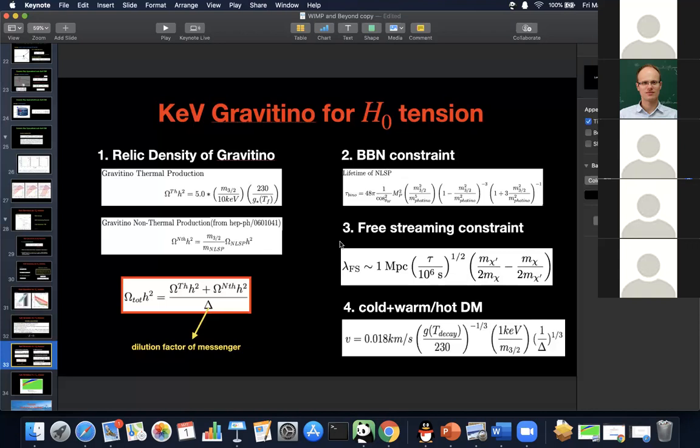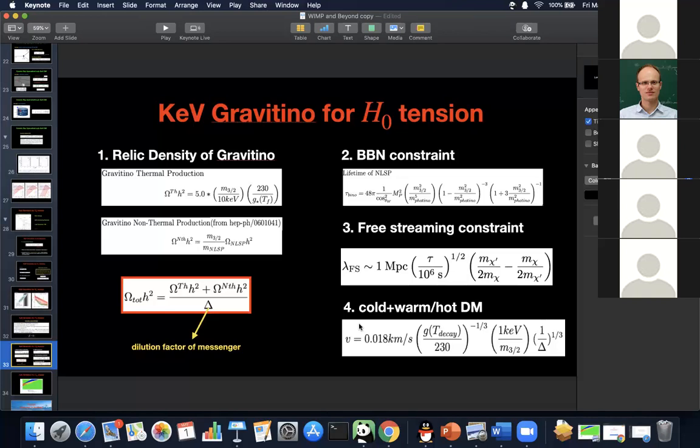And also for such a light dark matter, we have the structure constraints from the free streaming observations. And we need only a very small portion of the dark matter to come from the decay from the non-thermal productions, and a large part of it from the thermal production should still be cold.